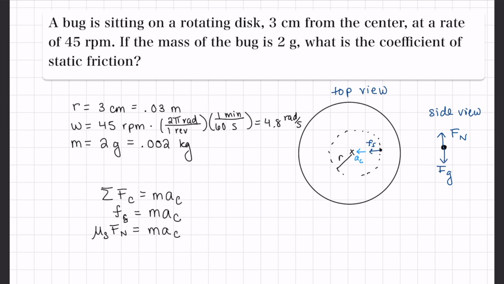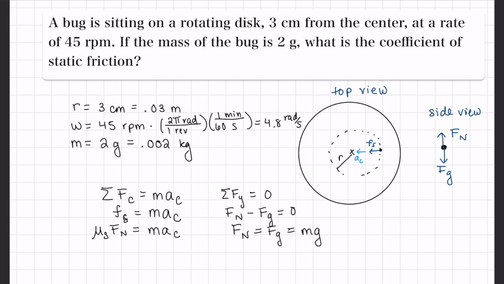And then looking at the sum of the forces from the side view, so the sum of the forces in the y and setting those equal to 0, since this bug is not coming off the turntable or falling through it, that'll give us that our normal force minus Fg equals 0, or that Fn equals Fg, which is equal to mg.